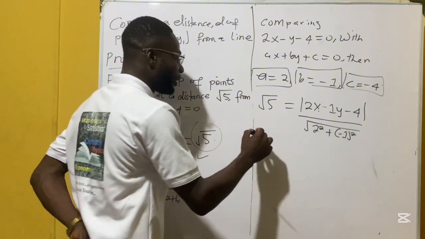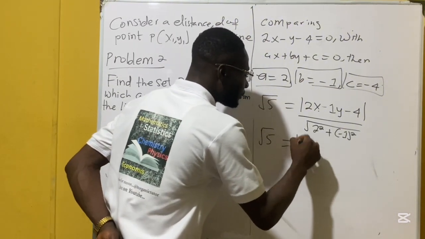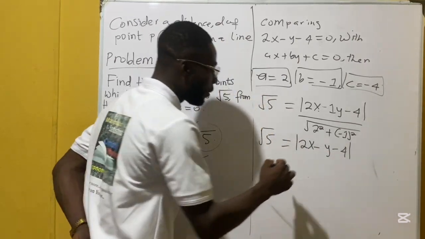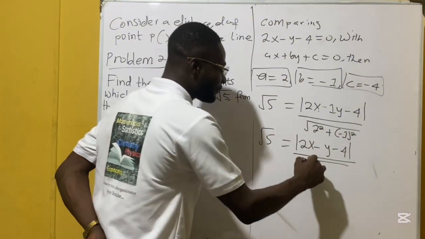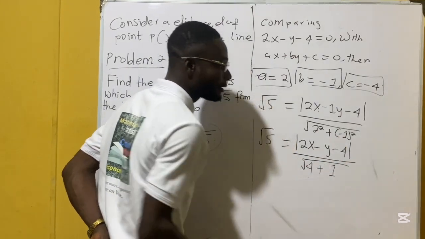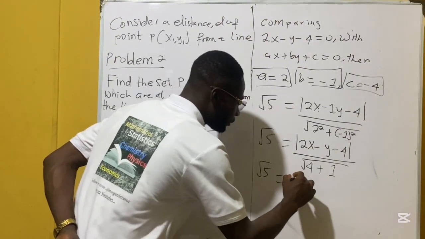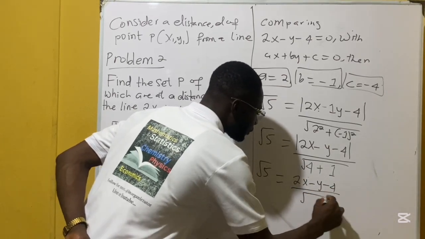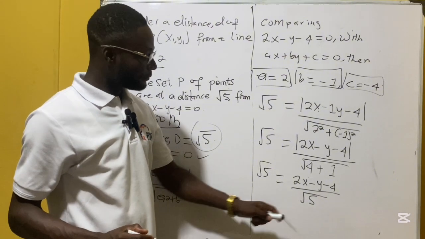So we have square root of 5 equal to the absolute value of 2x minus y minus 4, all over the square root of 2 squared, which is 4, plus -1 squared, which is 1. So basically this gives us square root of 5 equals 2x minus y minus 4 all over square root of 5.